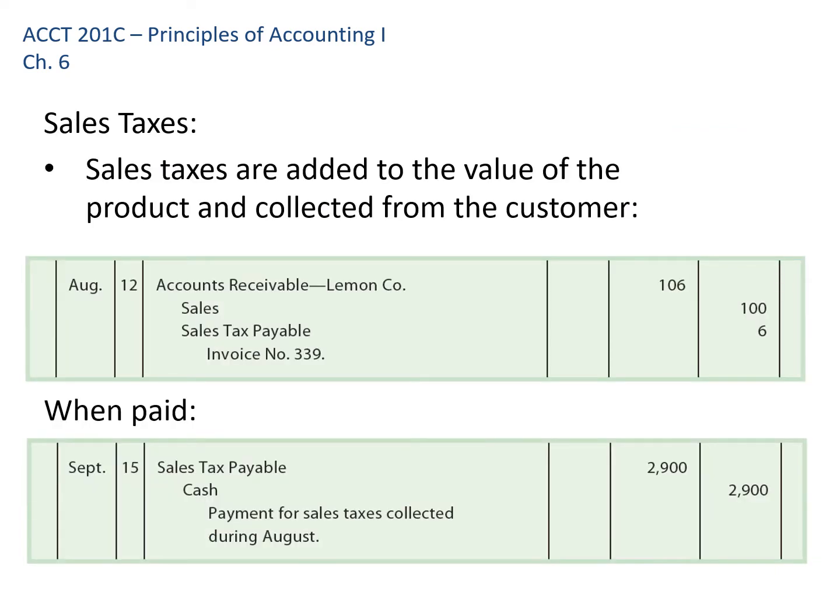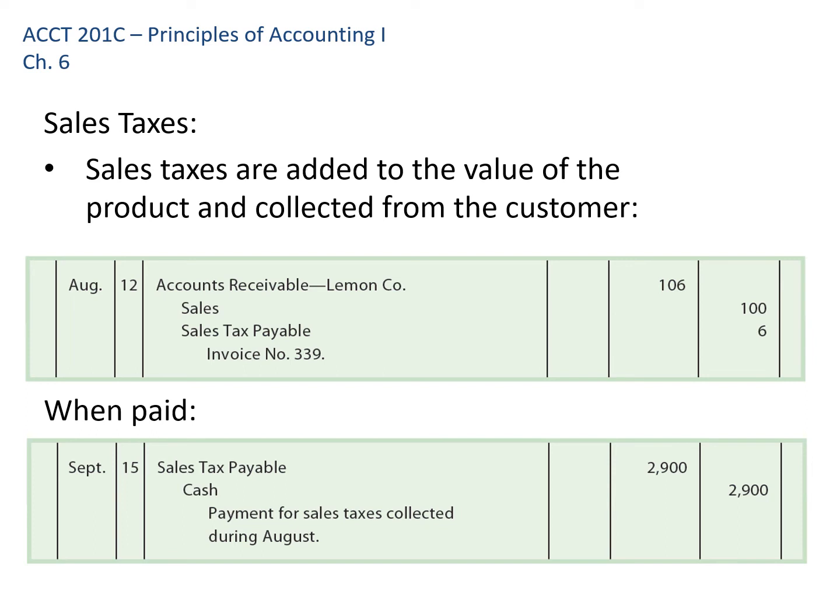Sales taxes are also something that needs to be taken into account. Any of you that have purchased something at a retail store know if you see a price tag on an item and it says $100 and you buy it in downtown Olympia, the amount that you pay is not $100. It's $109 or $109.50 or something. So if we sell product that's subject to sales taxes and the end user is who pays the sales tax, we're going to increase accounts receivable.